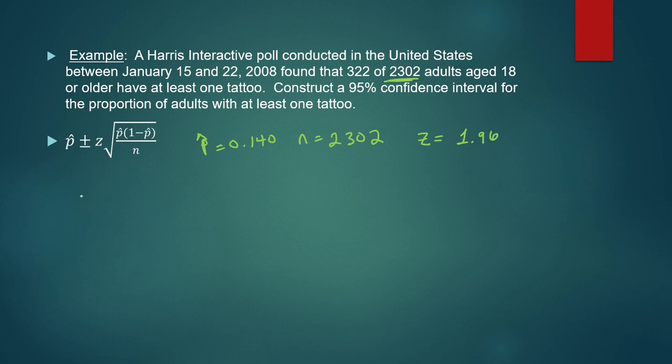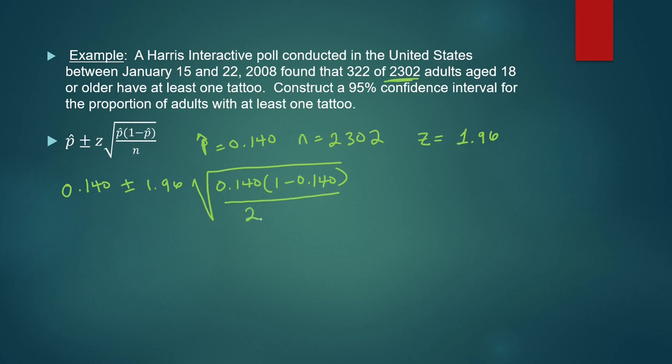We'll plug the values into the formula. 0.140 plus or minus 1.96 times the square root of 0.140 times the quantity 1 minus 0.140, divided by the sample size 2,302.